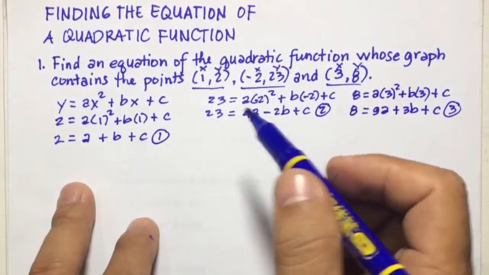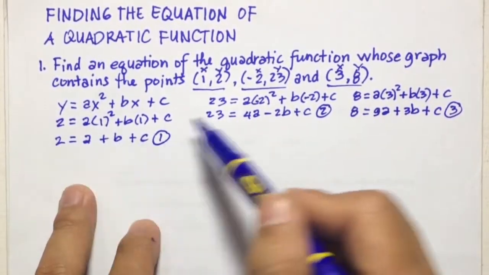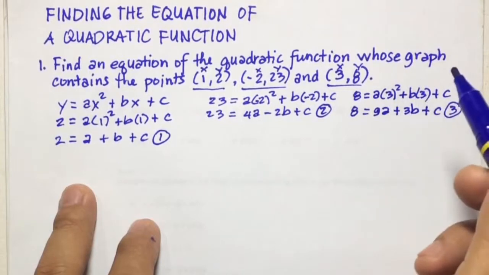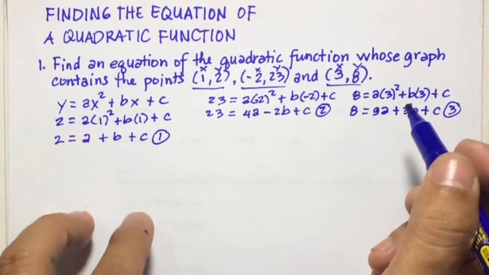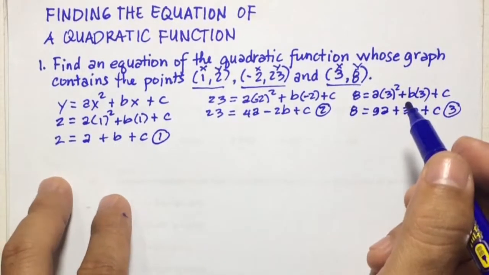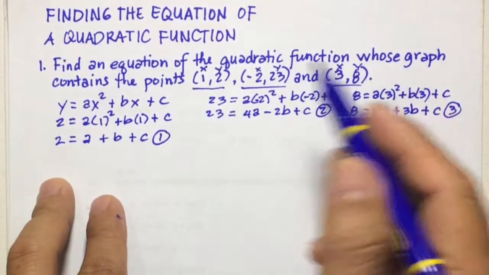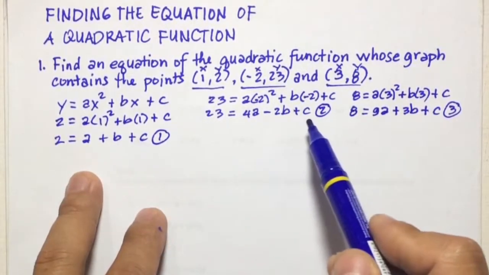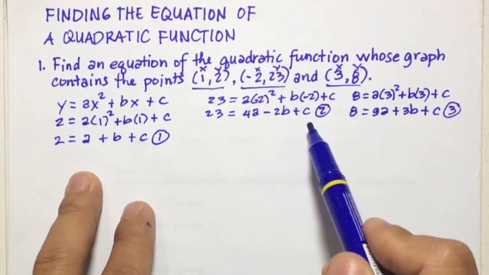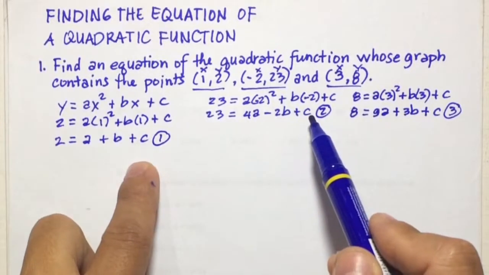Now we're going to treat these three as a system of linear equations. We can solve this by either substitution or elimination. For equations 1 and 2, we can eliminate variable c by subtracting.